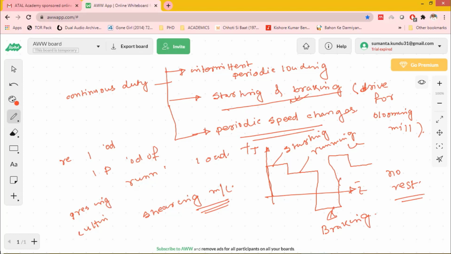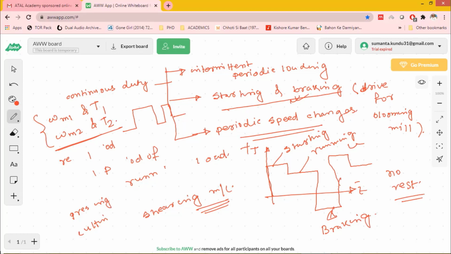Suppose one at speed omega m1 and load torque T1, then again omega m2 speed and torque T2, and it goes on in this way. So this is my continuous duty with periodic speed changes.